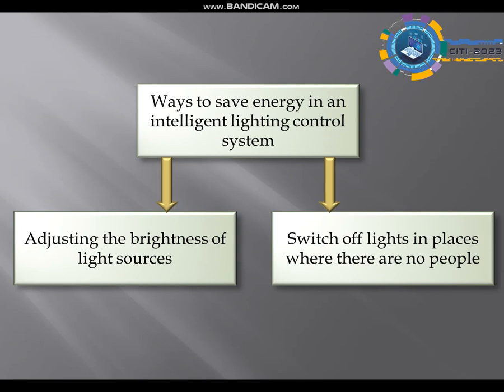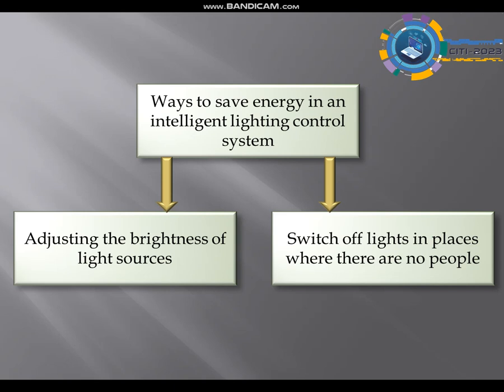Lighting level sensors are most often used to control the brightness of light sources. In the second case, motion or presence sensors are used. The combination of these two methods provides a significant energy-saving effect. In an intelligent lighting control system that operates in rooms with dynamic lighting, light sources can be in frequent switching on-off modes.